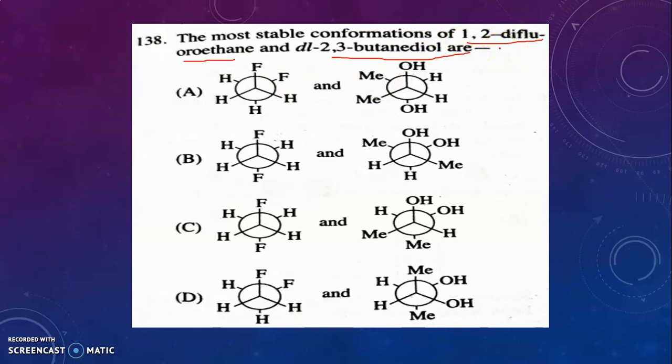I have told you in one of the lectures that when two fluorine atoms are present on adjacent carbons, then gauche conformation is preferred. It's called the gauche effect. So for the first compound, if two fluorine atoms are present in gauche conformation, it is most stable. So option A has gauche conformation of the first compound, and in option B it is anti. In option D also we have gauche. So the probable answers are either A or D.